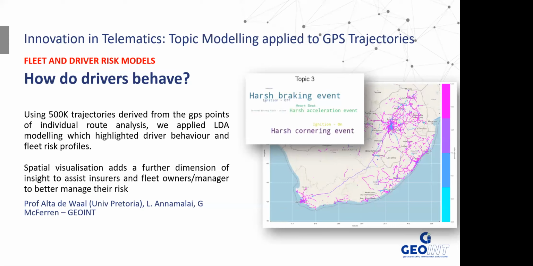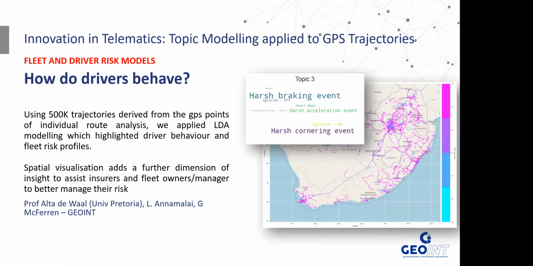And by then bringing a spatial visualization dimension onto this, you're able to highlight to insurers, fleet owners, or fleet managers certain areas of potential risk where these topics are manifesting themselves, and that enables them to better manage the risk of their fleet and their drivers.